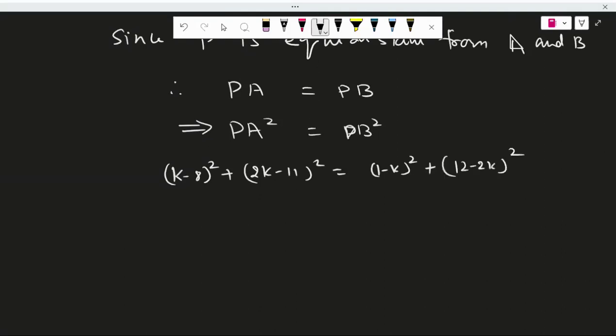So we will just expand it, open the brackets. We will use the identity: (a minus b) square is a square plus b square minus 2ab.